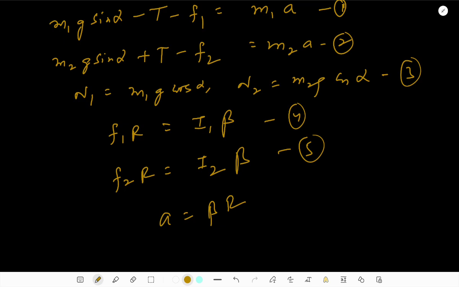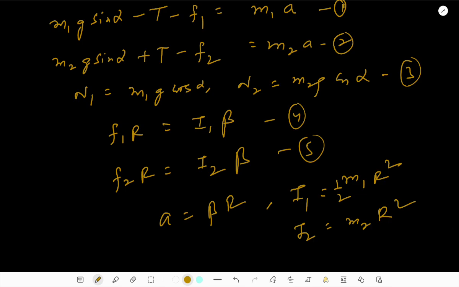So beta, the angular acceleration, is the same for both cylinders. For the solid cylinder, its moment of inertia I1 will be half m1r square, and I2 will be m2r square.